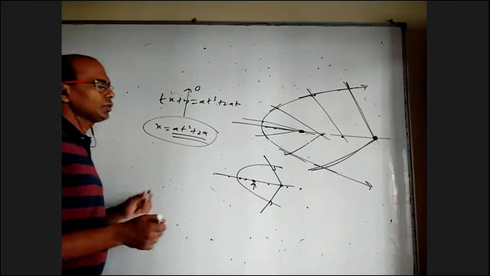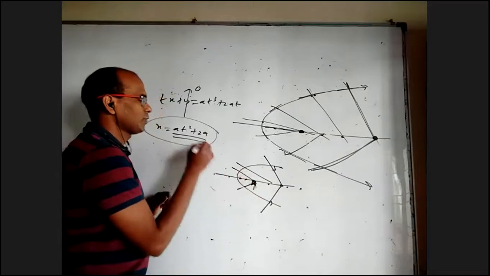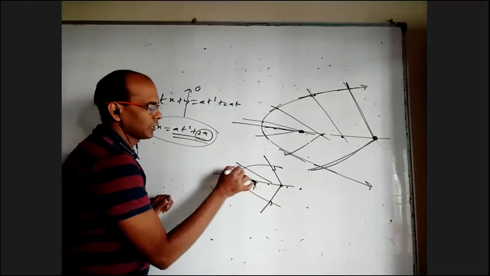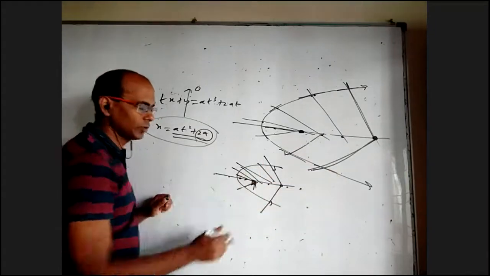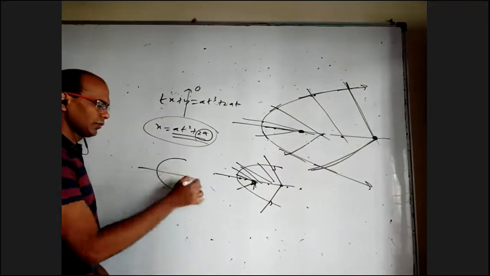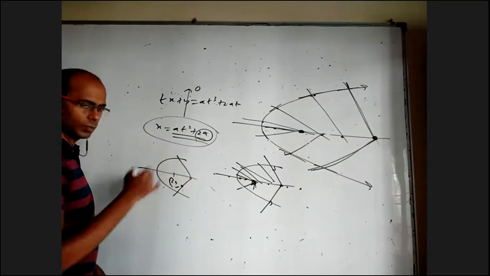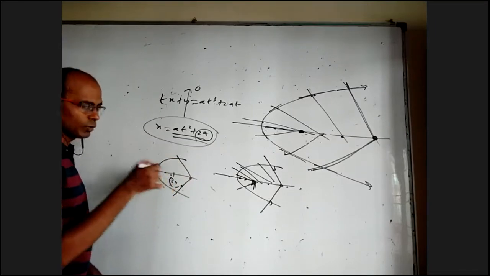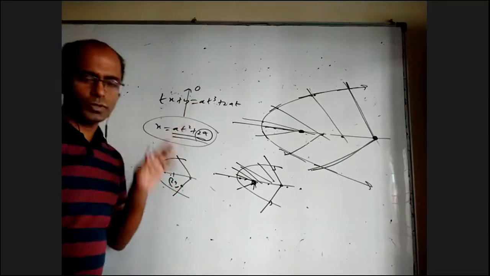So you take any normal anywhere, the x-intercept will be minimum 2a. That's why when you take a normal here or normal here, they will intersect the x-axis beyond 2a, not before 2a. So if you take anything beyond 2a comma 0, there will be three normals. Anything before 2a comma 0, including 2a comma 0, there's only one normal, which is the x-axis. That is by finding the x-intercept of the normal.